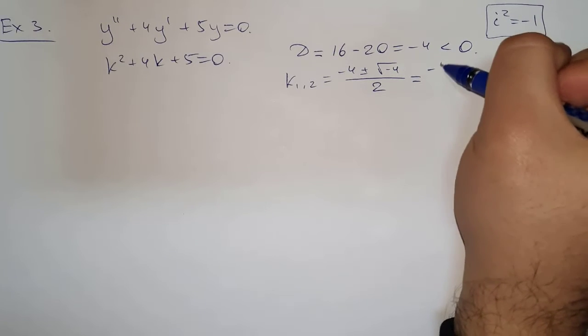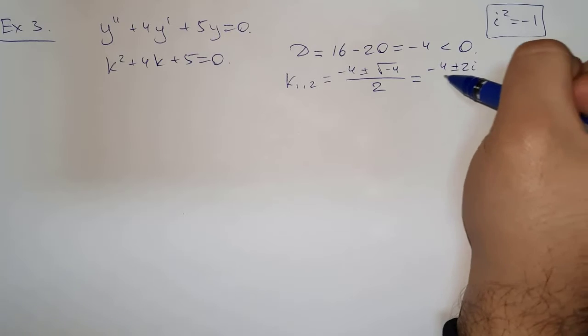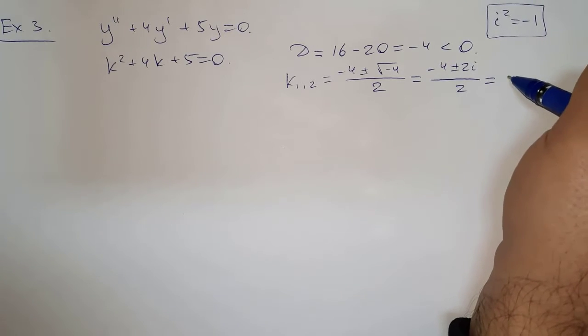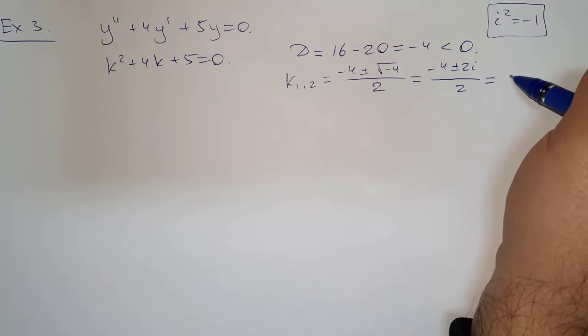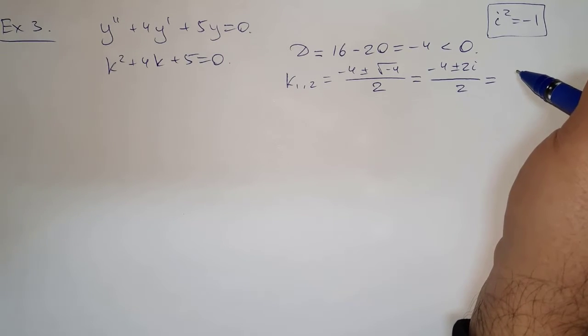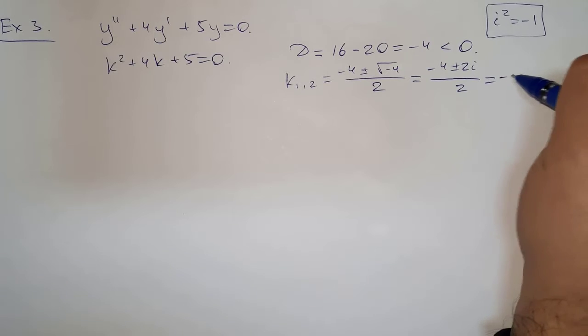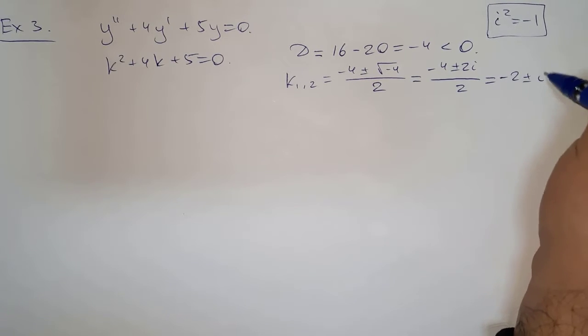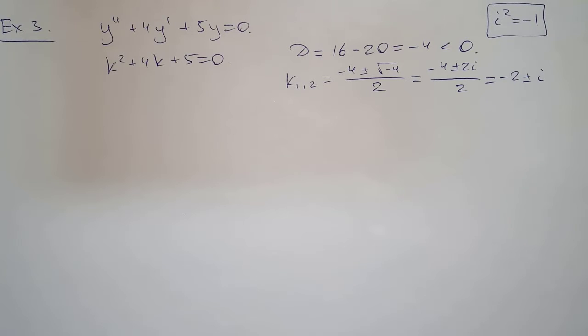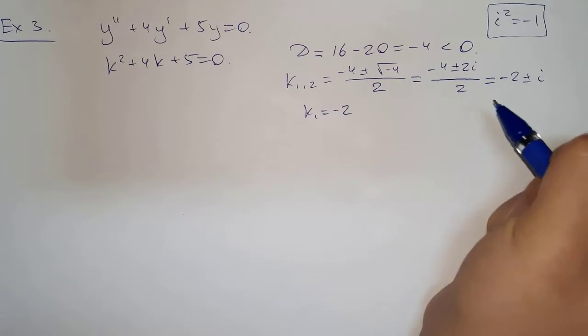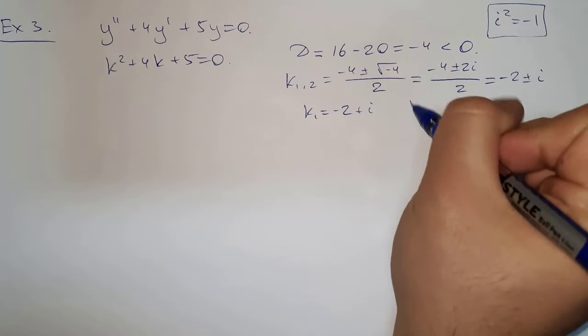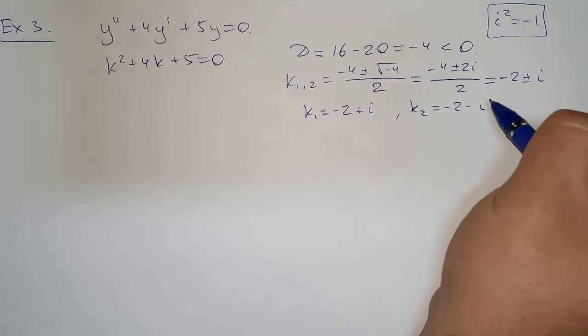So it will be minus 4 plus minus 2i over 2, so it is minus 2 plus minus i. Now k1 is, for example, minus 2 plus i, and k2 is minus 2 minus i.